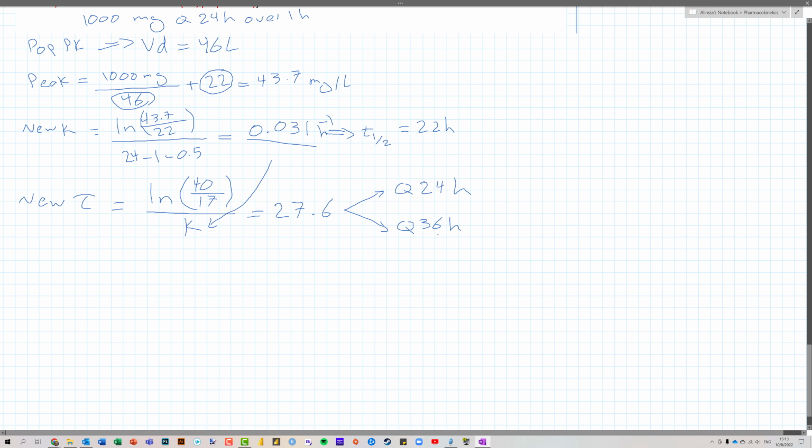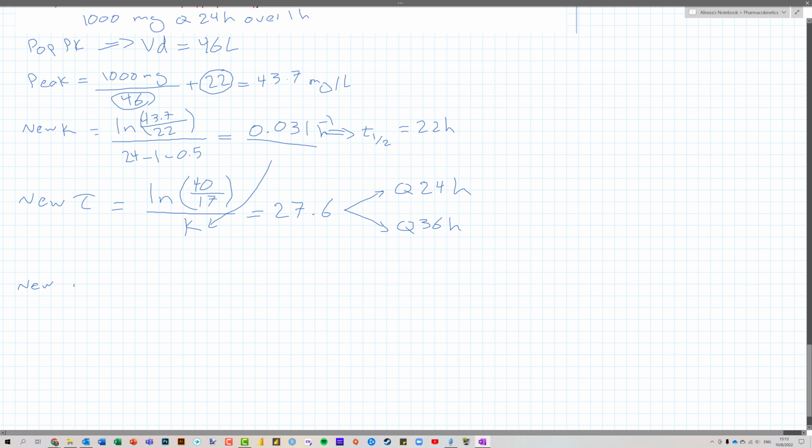We're not going to choose a random time. The standard is every 6 hours, every 8 hours, every 12 hours, every 24 hours, every 36 hours, every 48 hours, and so on. So we have two options here, but now let's calculate a new dose.